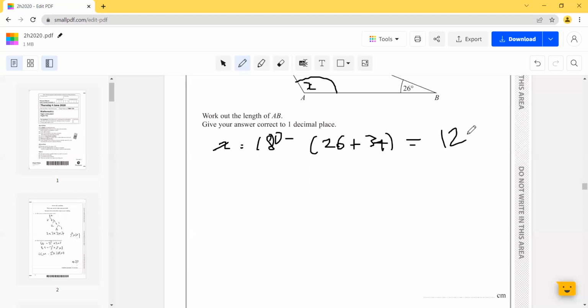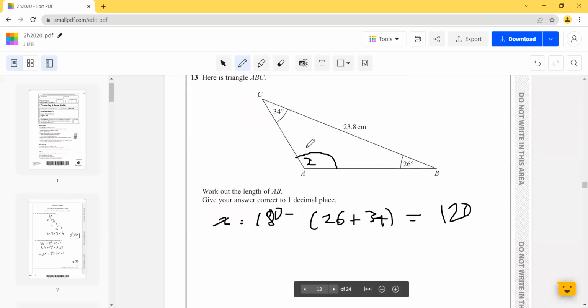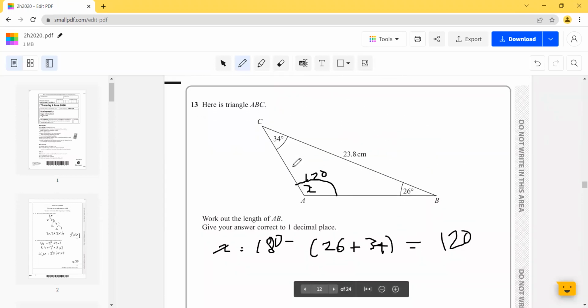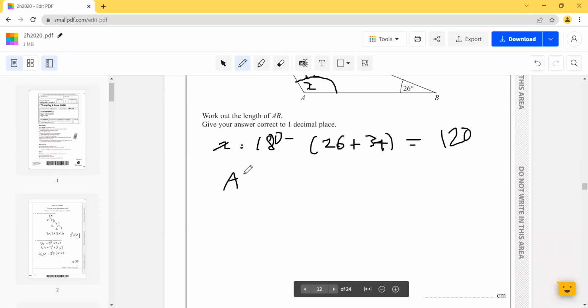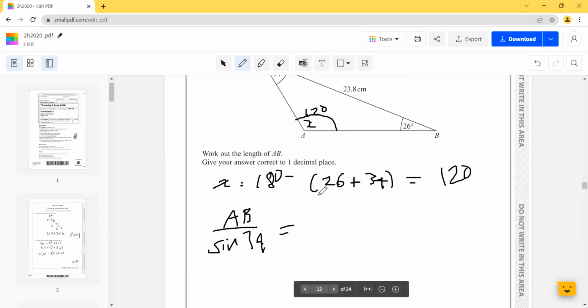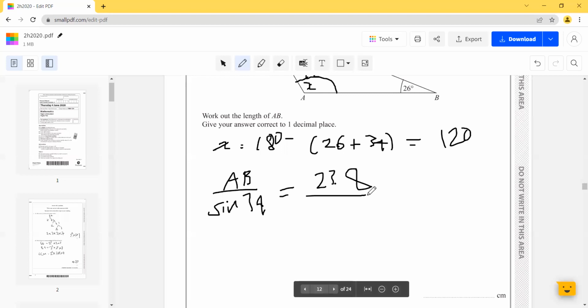So x is 120 degrees. So now we know this is 120 degrees. We can use the sine rule. I'm going to call AB just AB. So AB over the opposite side sine angle, so that's sine 34, is equal to 23.8 over the sine of 120.